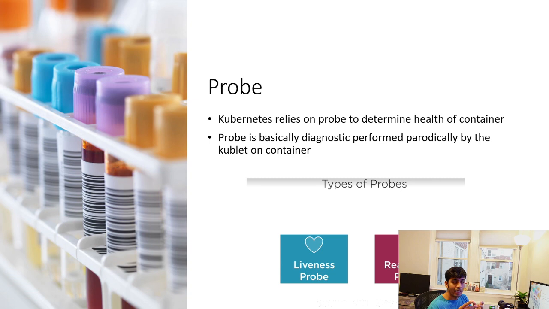You hit an API, it gives a 200, that means the API is running fine, the health is okay. If it gives 400, 404, or 500, that means it's broken, something is bad. You want to see the health of Kubernetes too. So probes allow you to check the health of these pods. Let me just read the definition. Kubernetes relies on probes to determine the health of the containers.